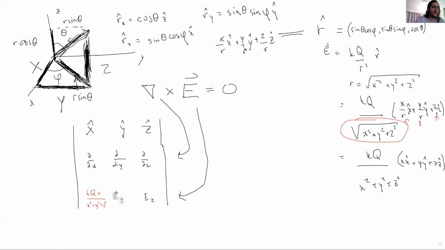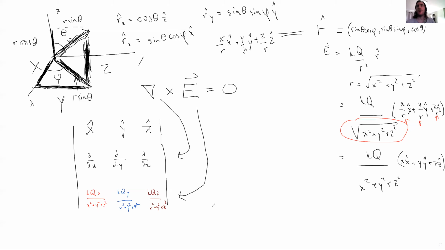The y component is going to be kqy over x squared plus y squared plus z squared. And finally, the z component is kqz over x squared plus y squared plus z squared.